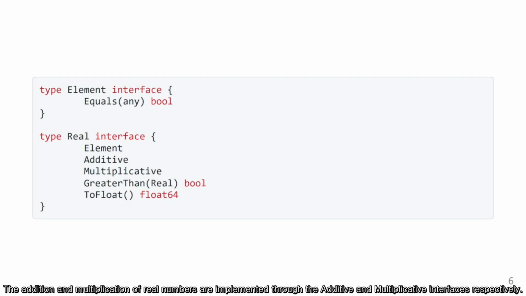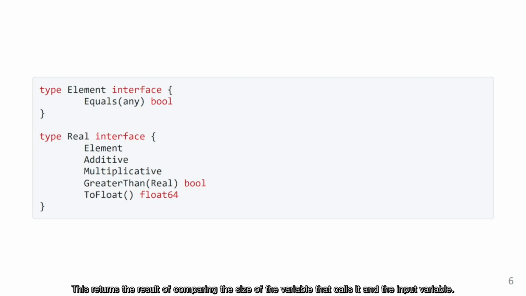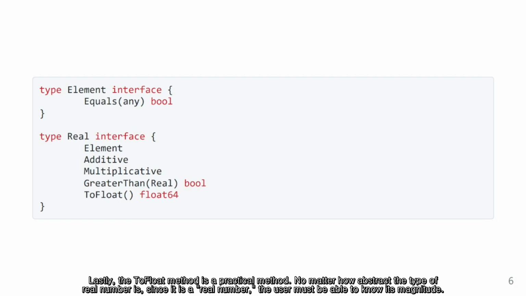The addition and multiplication of real numbers are implemented through the additive and multiplicative interfaces, respectively. As we saw earlier, any two real numbers must be comparable in size, so the greater than method is required. This returns the result of comparing the sizes of the variable that calls it and the input variable.